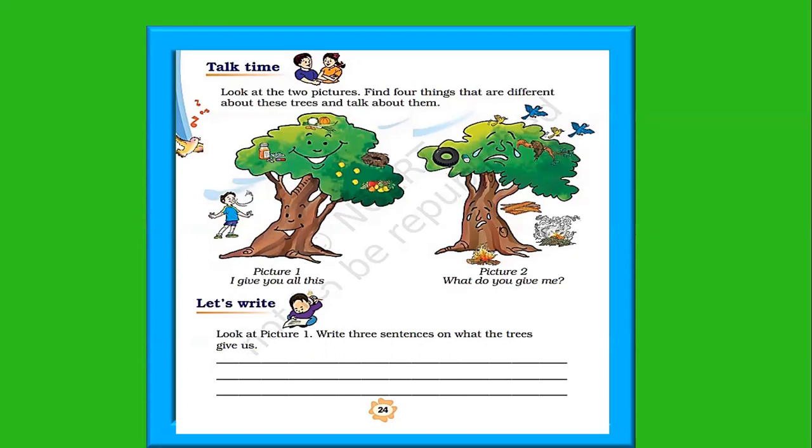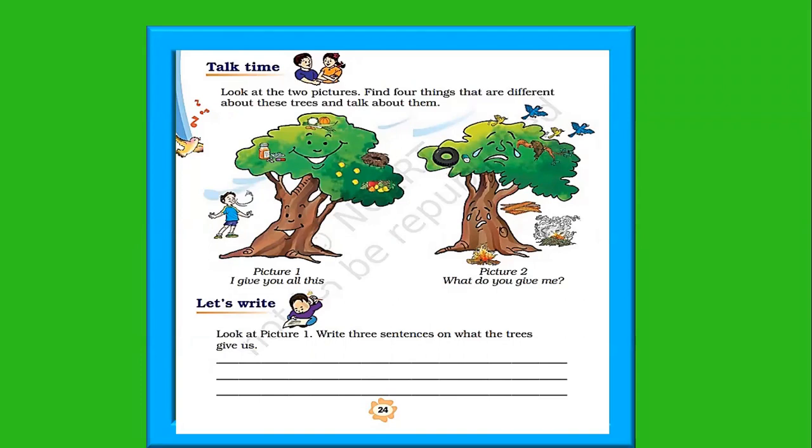But in the second picture, we can see how people try to burn waste near the tree. This not only pollutes the environment, but also burns the tree, thereby forcing the birds, animals, and tiny insects to flee. Then the first picture shows how some trees give us medicines.